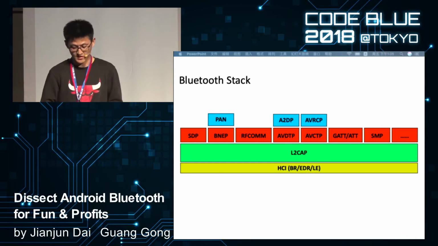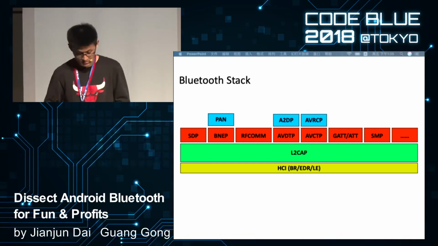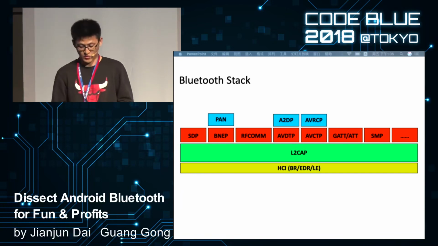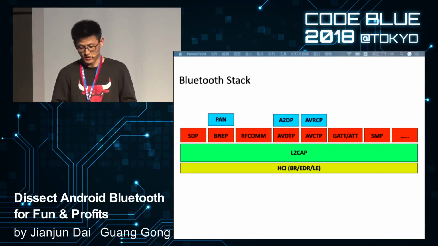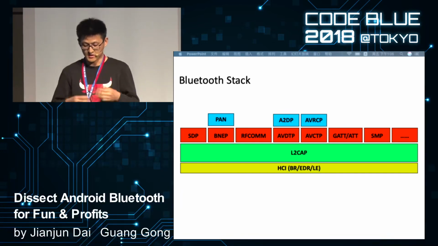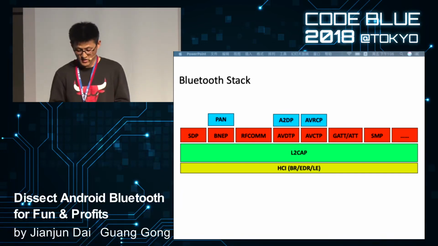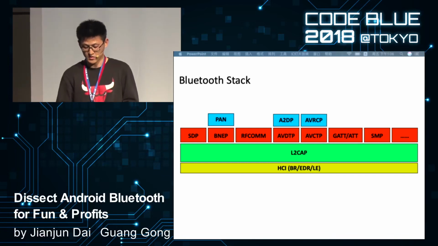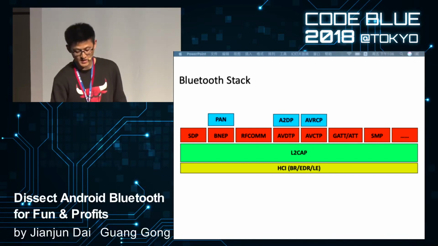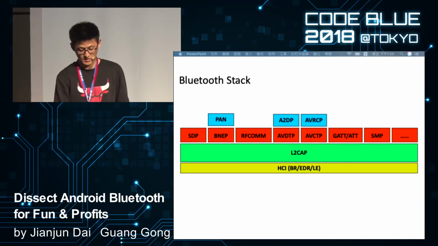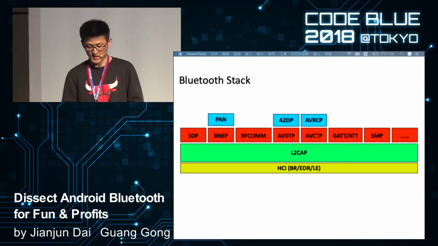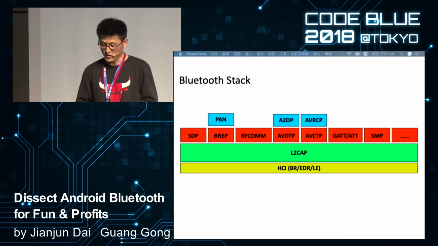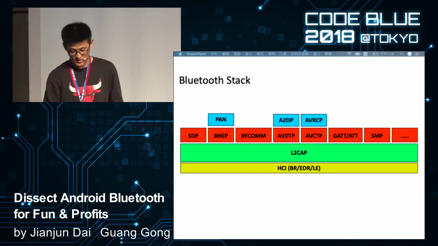The second layer is L2CAP, the Logical Link Control and Adaptation Protocol. Like TCP, it supports various upper protocols for different functional models, like SDP, BNEP, AVRCP, SMP. So L2CAP and above are implemented in the Bluetooth stack. I will introduce these protocols in detail later.